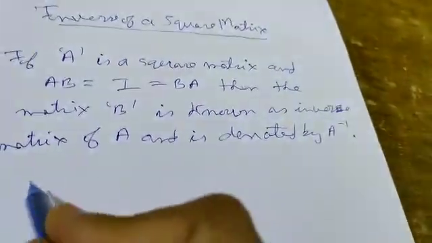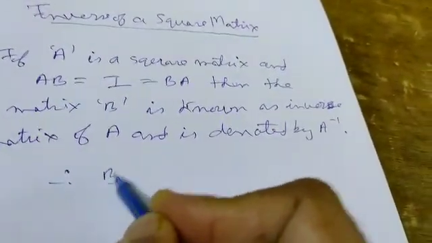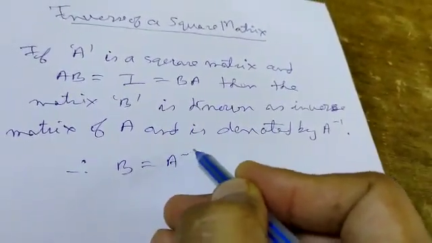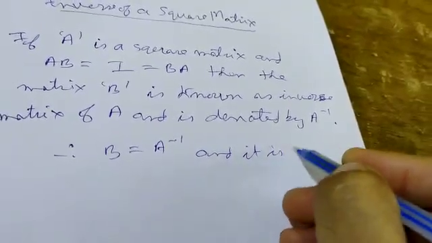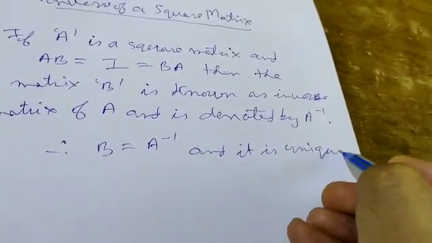Therefore what we are getting is B equal to A inverse, and it is unique.